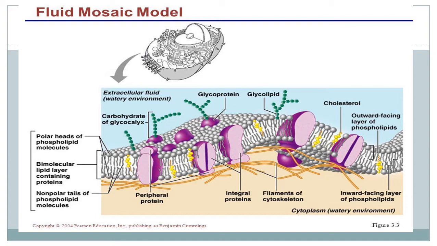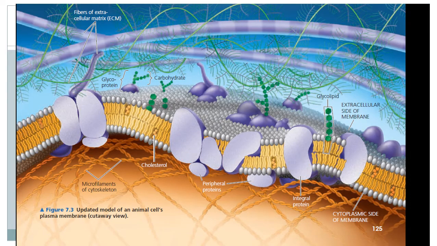Some of the proteins, the peripheral proteins, lie on the outside and the inside of the membrane, and they are attached by some cytoskeleton elements. Now here you have a diagram of the plasma membrane again, showing the phospholipid bilayer.